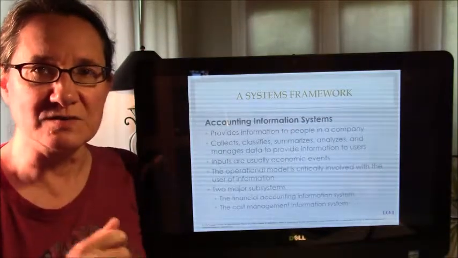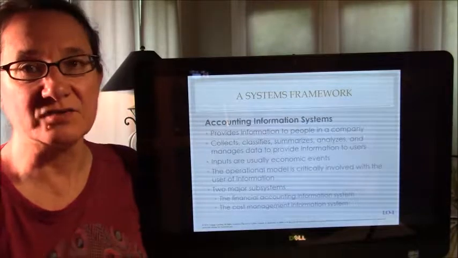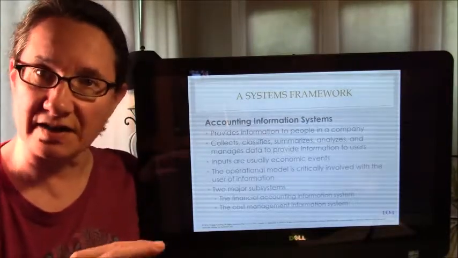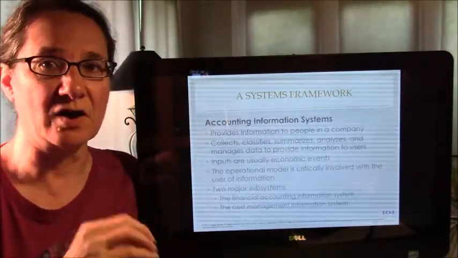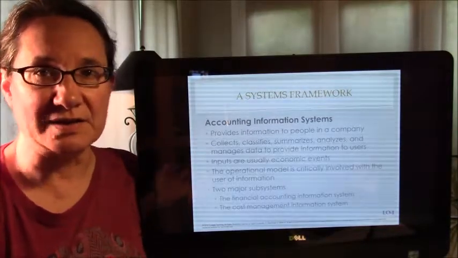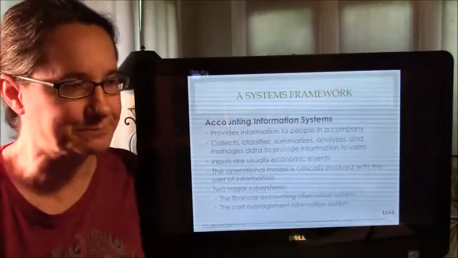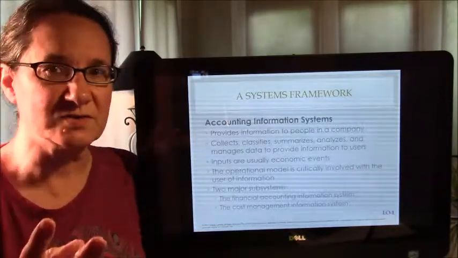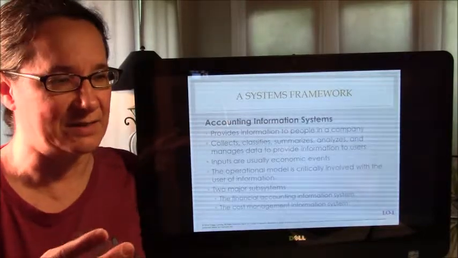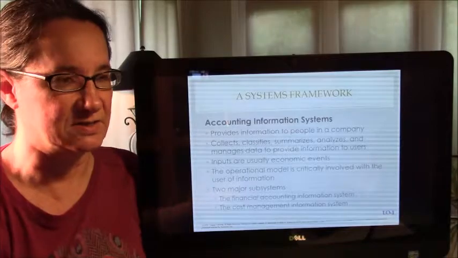It's what we're using to help us track everything so we can prepare the financial statements and to track everything we need so we can understand the costs going on that aren't necessarily GAAP information that we need to prepare financial statements, but we still need to know it to run our company well. Alright, so two major subsystems of our accounting information system: the financial accounting and the cost management information system.